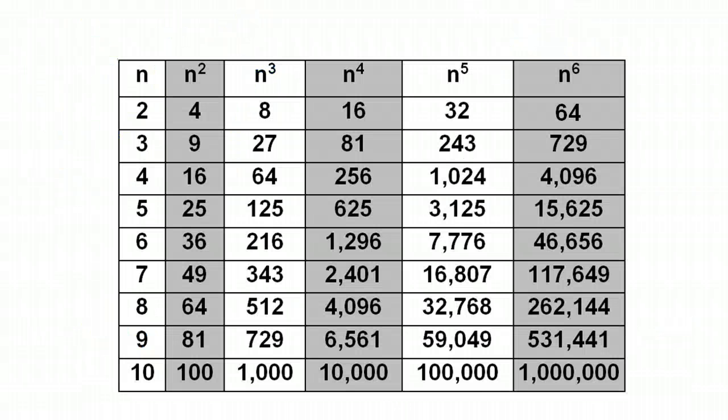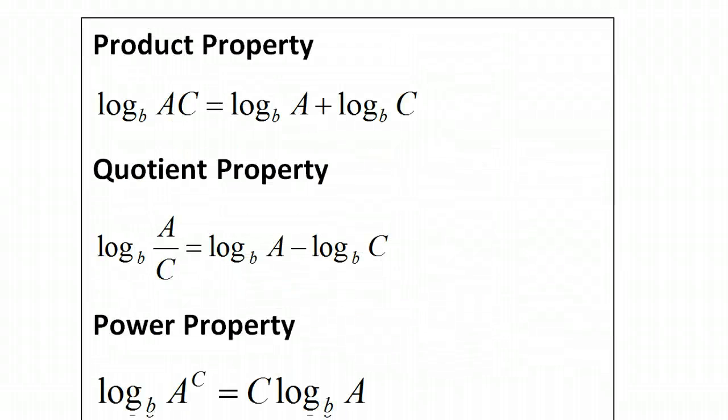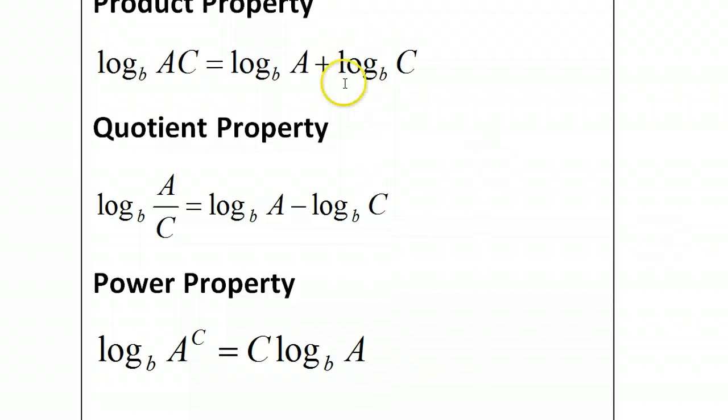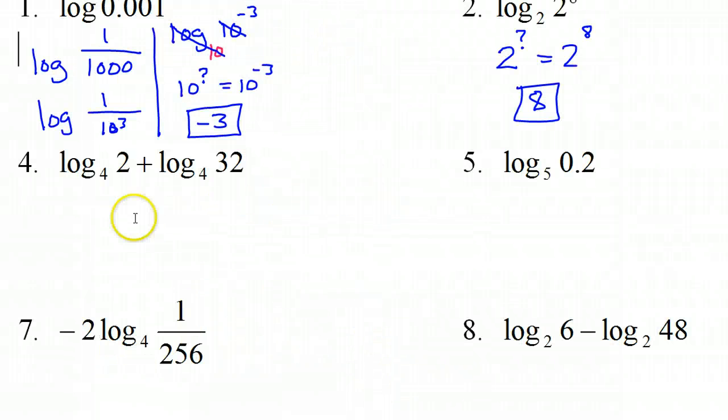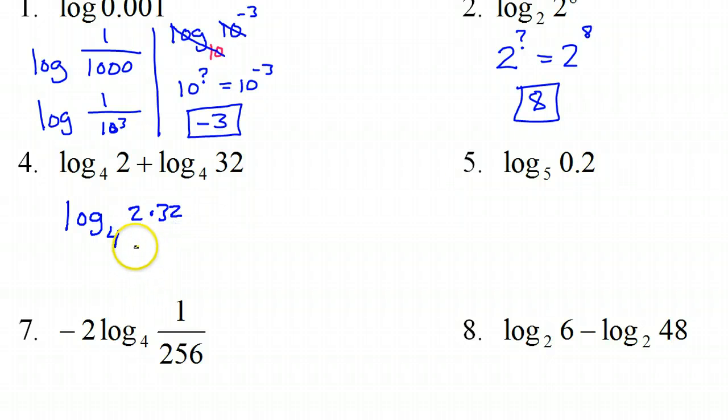And we know good and well that if we have a sum like this, we can condense it down to multiplication. So one way to do this problem would be to go, alright, this is going to condense to multiplication. So this would be like log base 4 of 2 times 32.